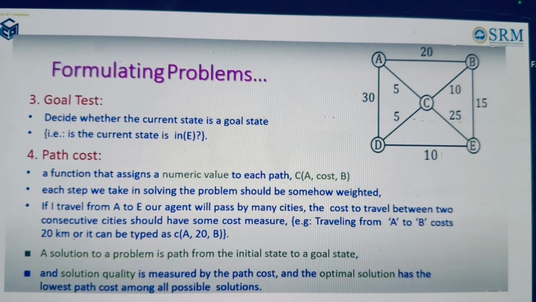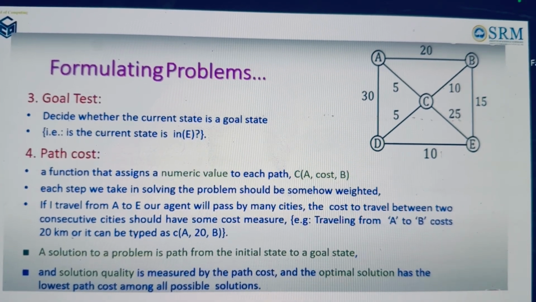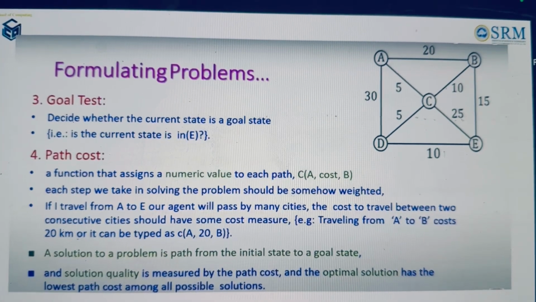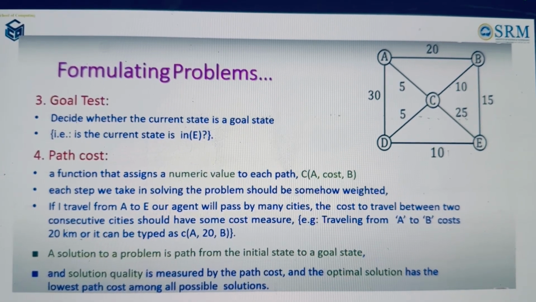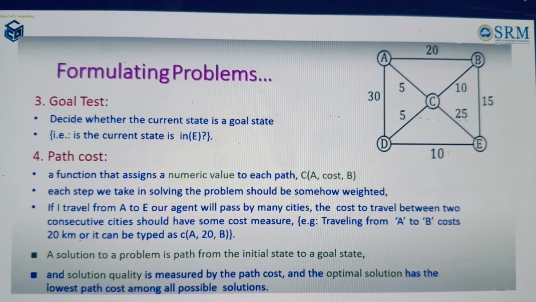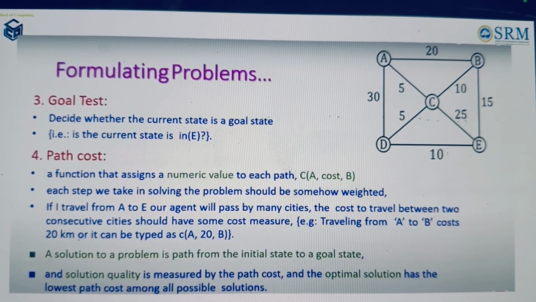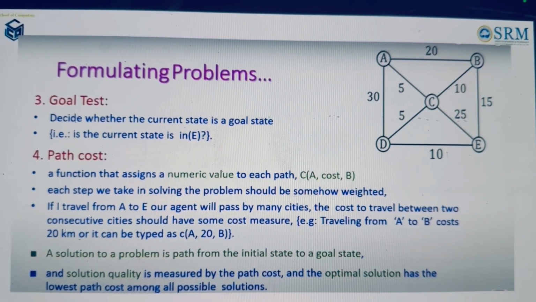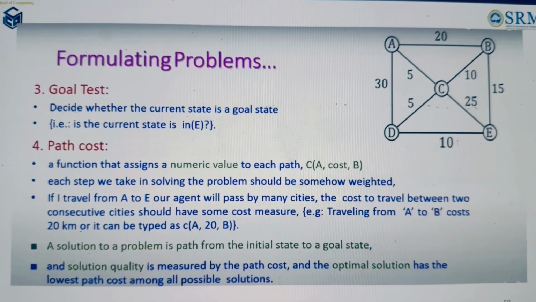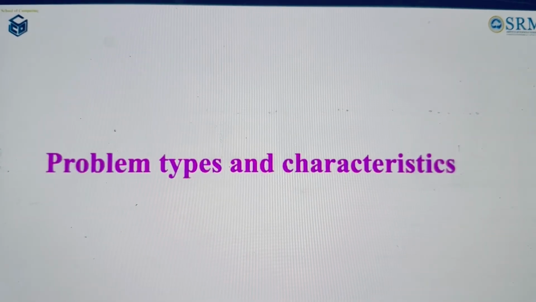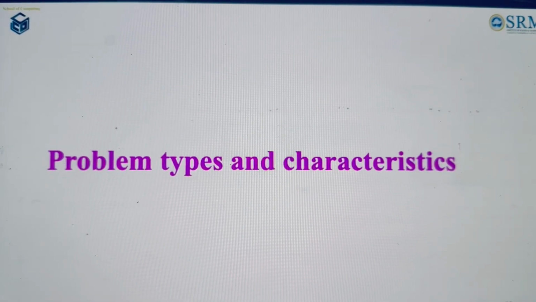It is the cost between the two states, that is from the current state to the next or successor state. That is known as path cost. The overall cost will be the cost of all the states which you have traveled. But simply, path cost means it is a cost between two states, current and next.